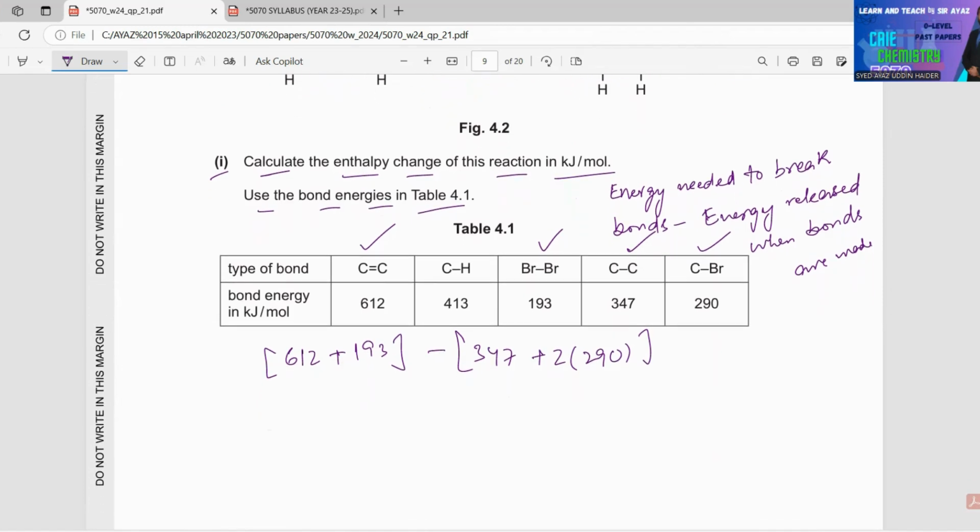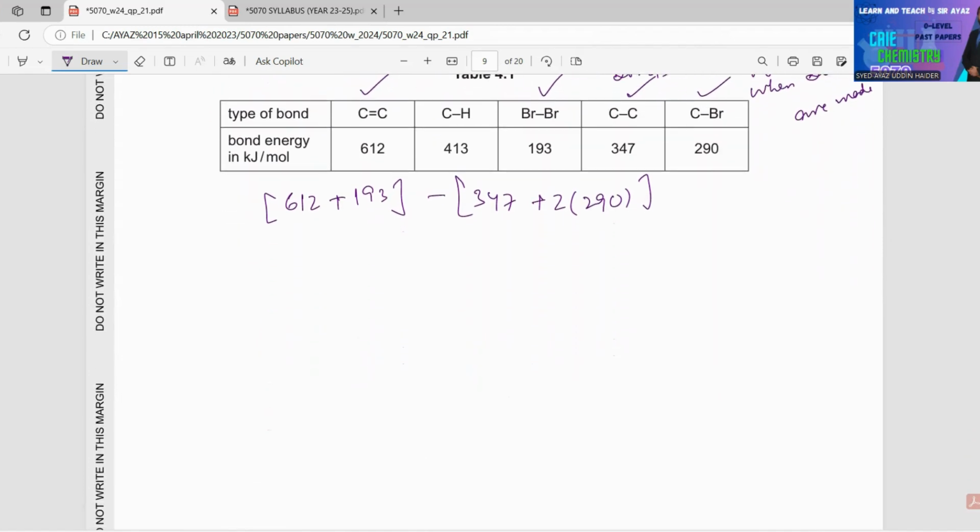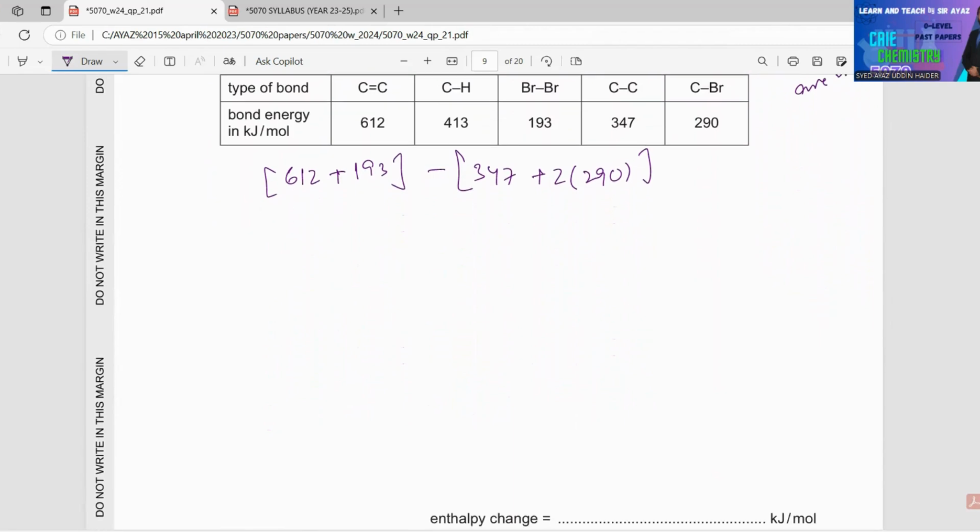So the final answer, 612 plus 193, we are getting 805 minus 290 multiplied by 2.